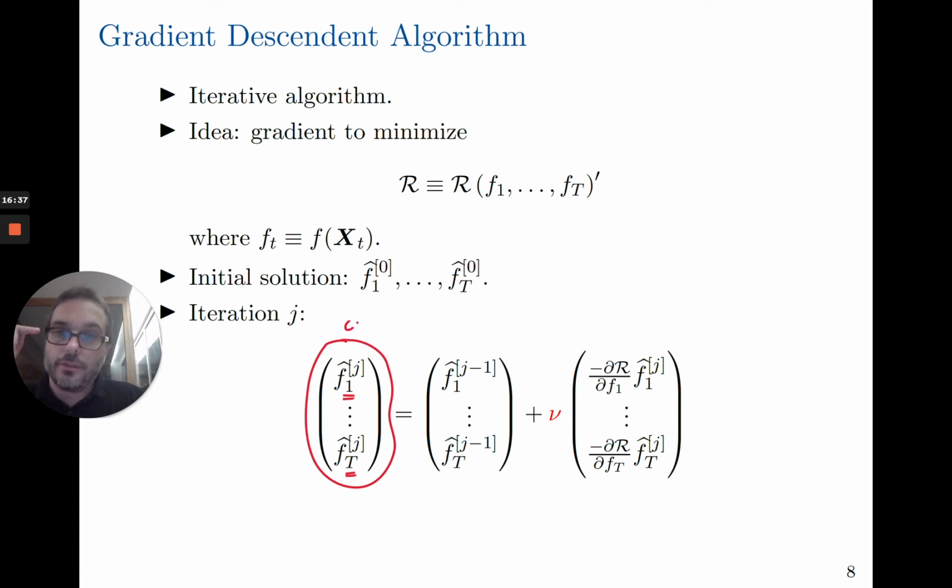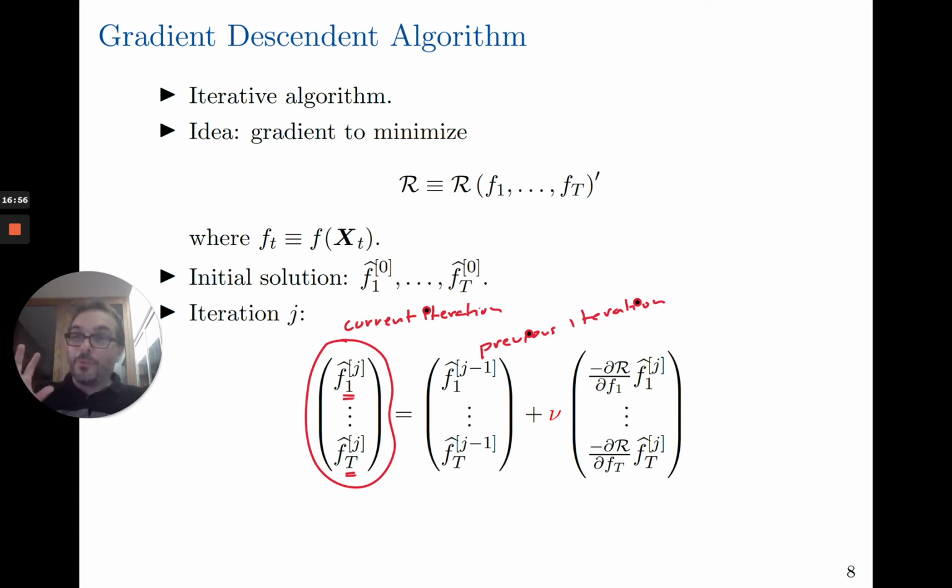So this is the current iteration, this is the previous iteration. Okay? Plus what? Remember, we have to move towards the hole. Let's play golf. We are moving towards the hole, not far apart.